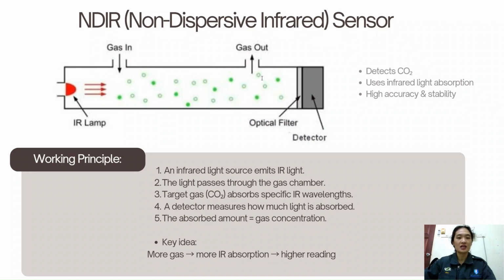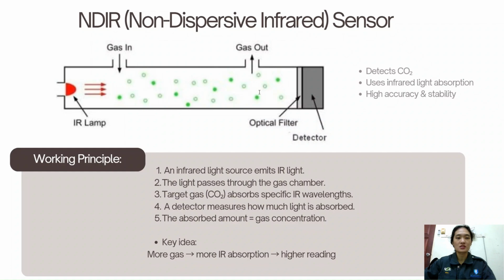The infrared detector measures the amount of light that reaches it after passing through the gas chamber. If a higher concentration of carbon dioxide is present, more infrared light is absorbed and less light will reach the detector. The detector converts the reduced light intensity into an electrical signal.